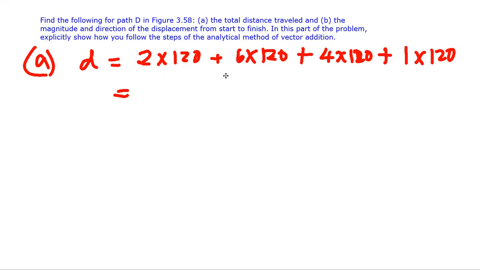So this gives you a total of 1560 meters. That is the distance along the path labeled D in figure 3.58.